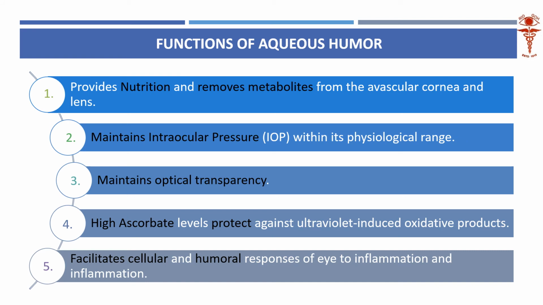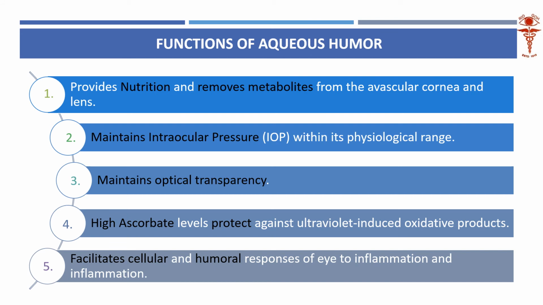Optical transparency, very true. I told you there are no plasma-like proteins. Plasma proteins are not allowed into the aqueous humor, and that is very essential for maintaining the transparency of the eye. If blood enters the aqueous, it is called hyphema. If pus enters aqueous, it is called hypopyon.